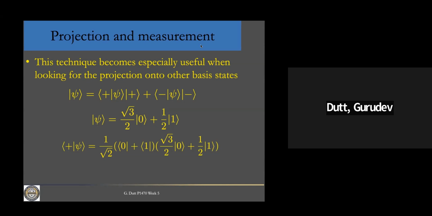Normally we write ket plus is 1 over root 2 times ket 0 plus ket 1, right? And I've just taken the bra of that. Because there is no complex conjugate here, everything is real numbers, 1 over root 2 just stays as 1 over root 2 times bra 0 plus bra 1, okay? And then of course, here's our state psi, which I just transferred over from here. Okay, so let's do that in both ways.